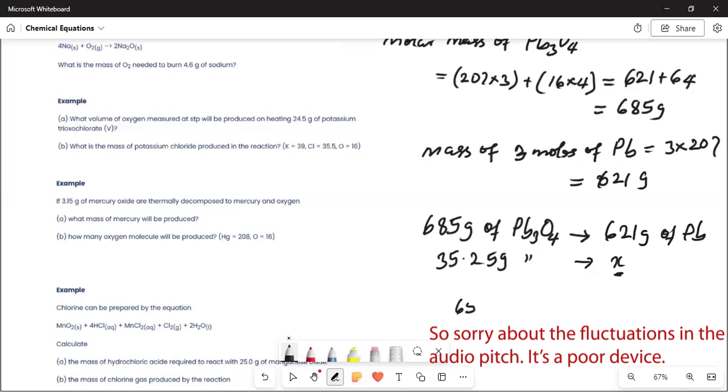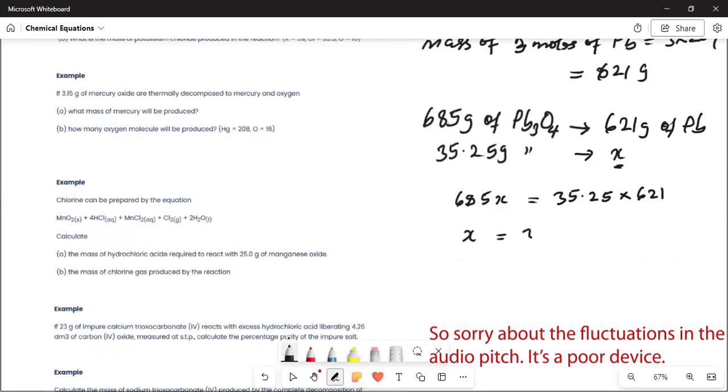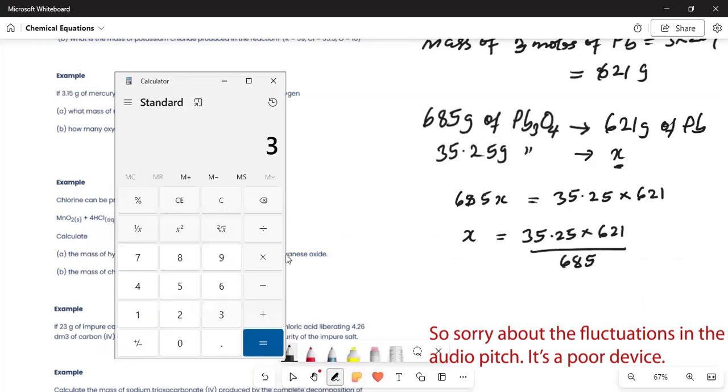So 685x is equal to 35.25 times 621. So dividing both sides by 685, x equals 35.25 times 621 divided by 685.